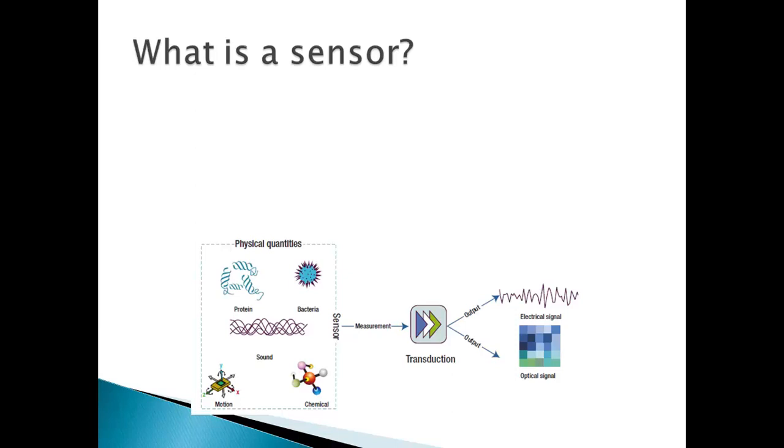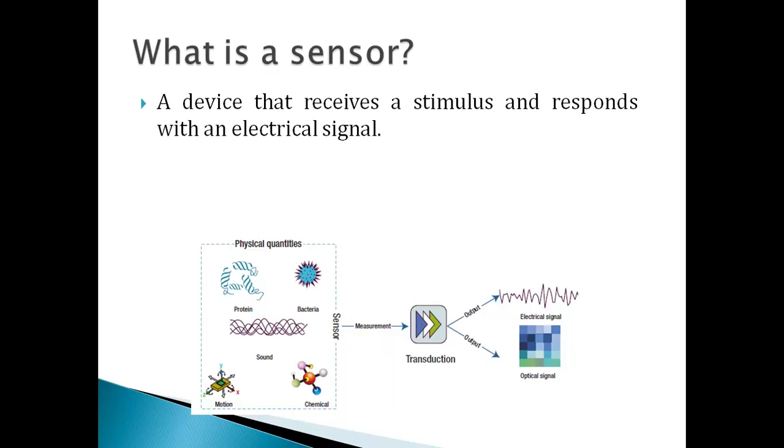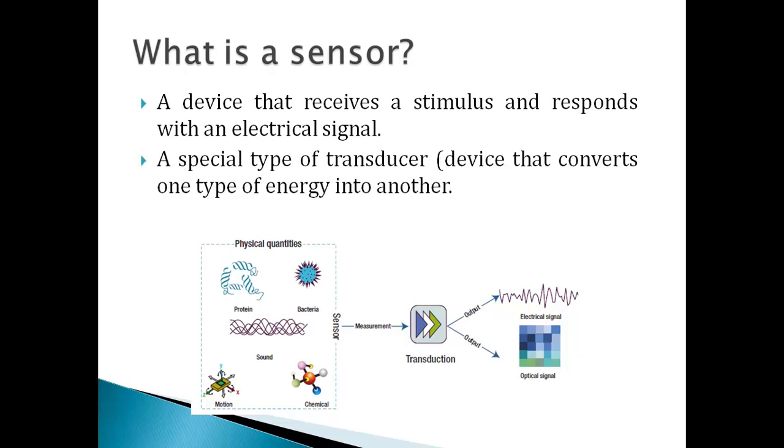This is a very common terminology that we are using in the current scenario. We have several definitions regarding the sensor. One of the definitions is: the device that receives a stimulus and responds with an electrical signal. We can also say it's a special type of transducer, a device that converts one type of energy into another type of energy.